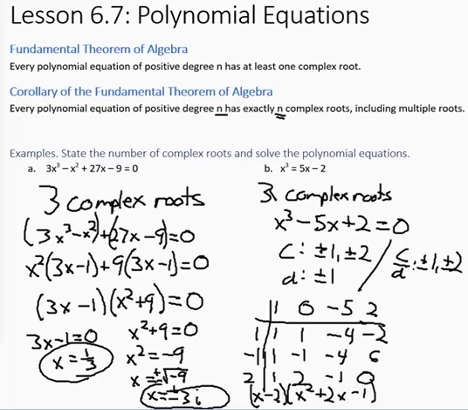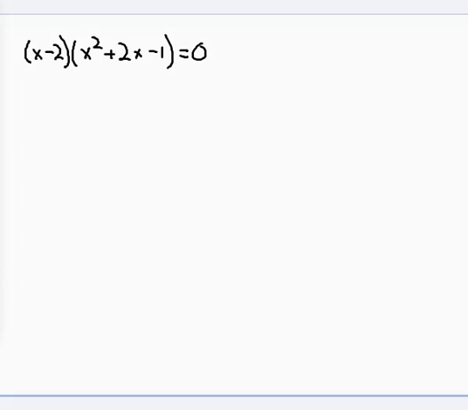And this doesn't factor, but we could use the quadratic formula to solve this. So I rewrote our equation up here, and this doesn't factor, so we have to use the quadratic formula.